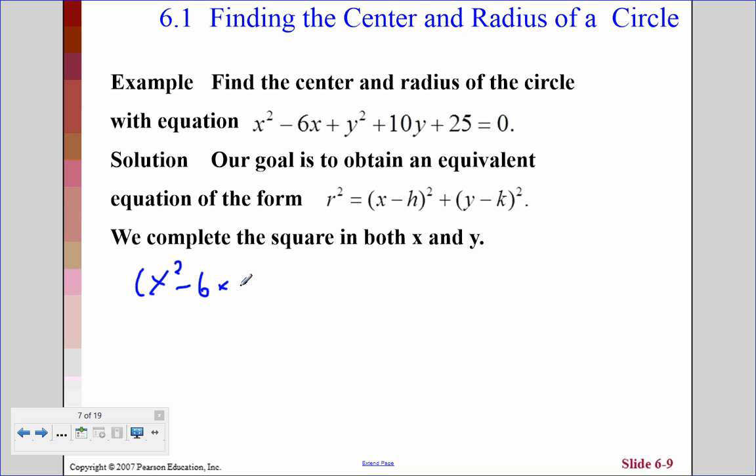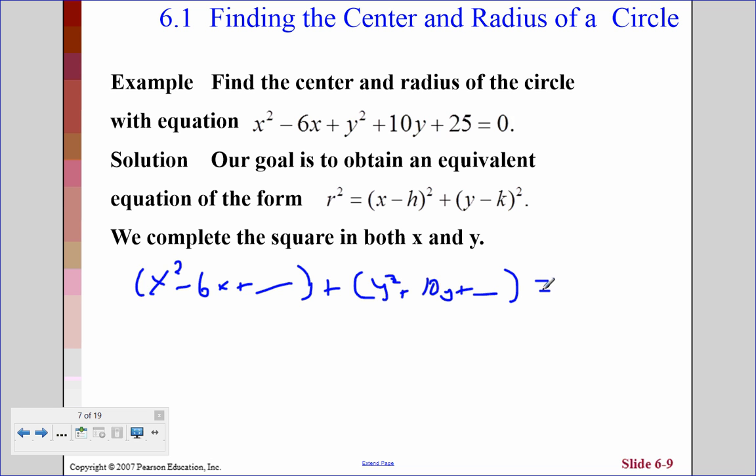And to complete the square, I'm going to leave something here to complete the square. Plus, and then I'm going to do the same thing with the y variables, y squared plus 10y plus something to complete the square.